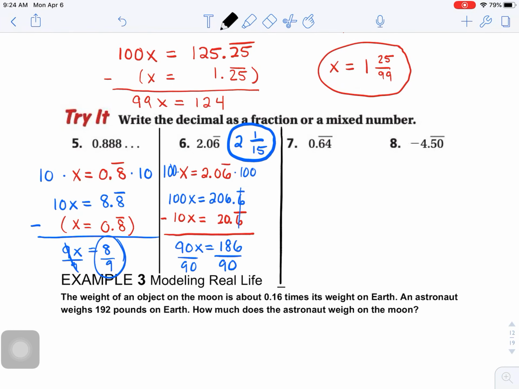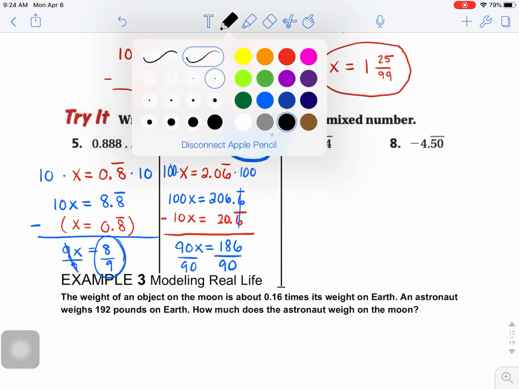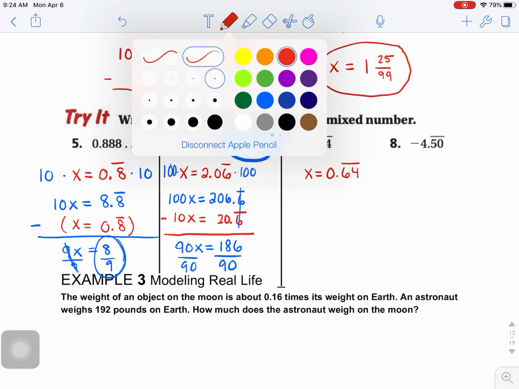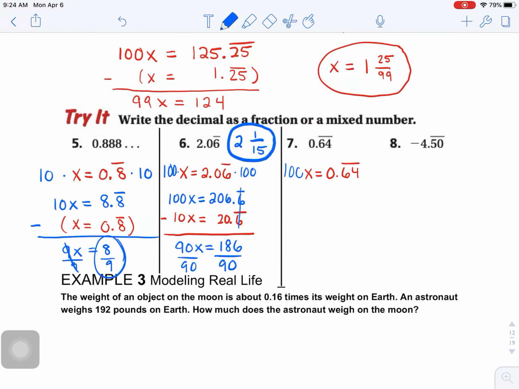Let's see for number 7. My original here would be x equals 0.64 repeating. Here, two numbers are repeating, so we're going to multiply by 100.